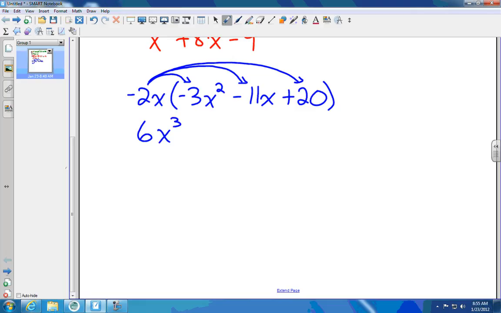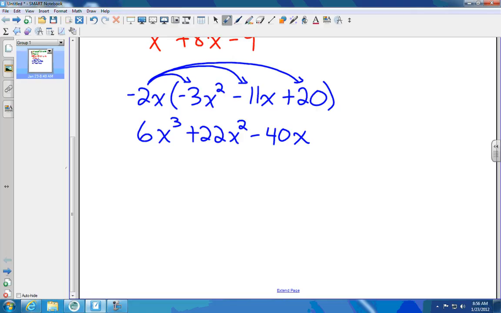Moving on then, you're doing -2 times -11 is positive 22. And x times x, again, adding the exponents will give you x squared. And -2x times 20, -40. And yes, you've still got your x.